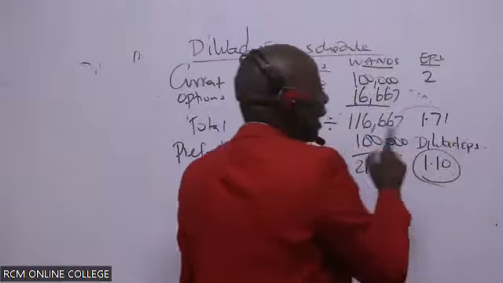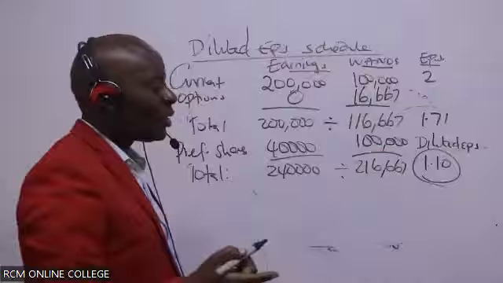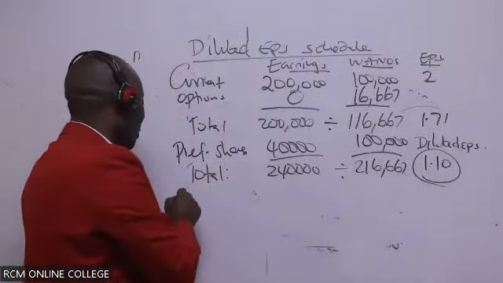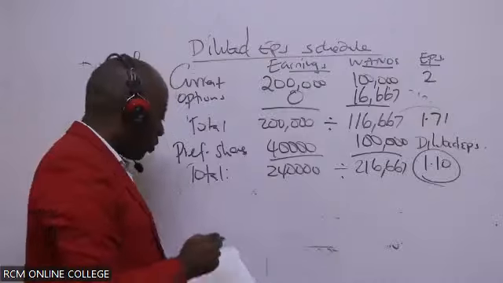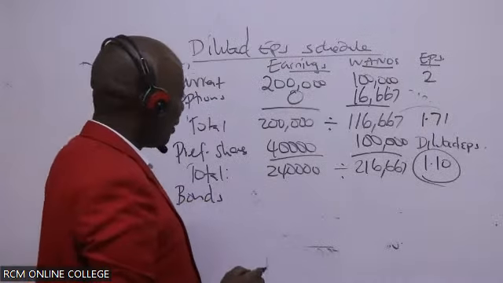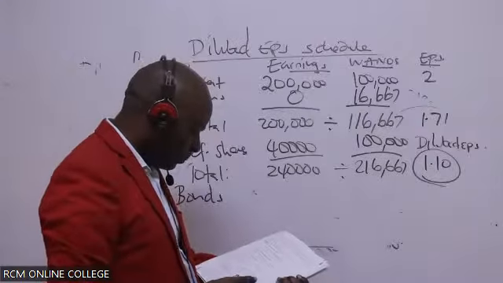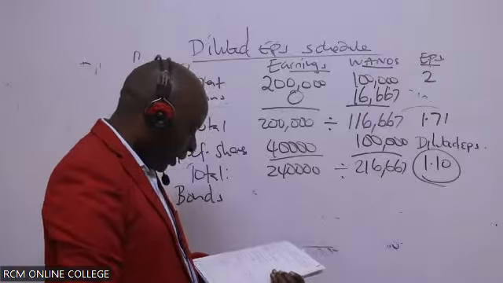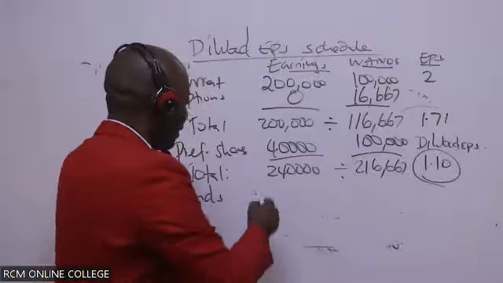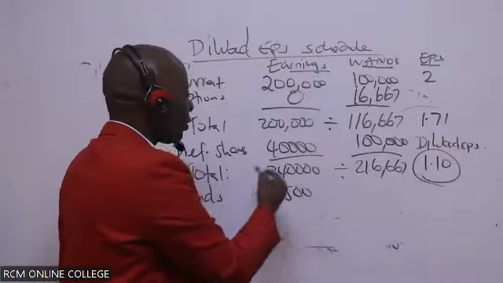I don't need to do the other one that I did, being anti-dilutive. But if you bring, for example, bonds, are you able to give me the earnings of the bonds? Was it 10,500?